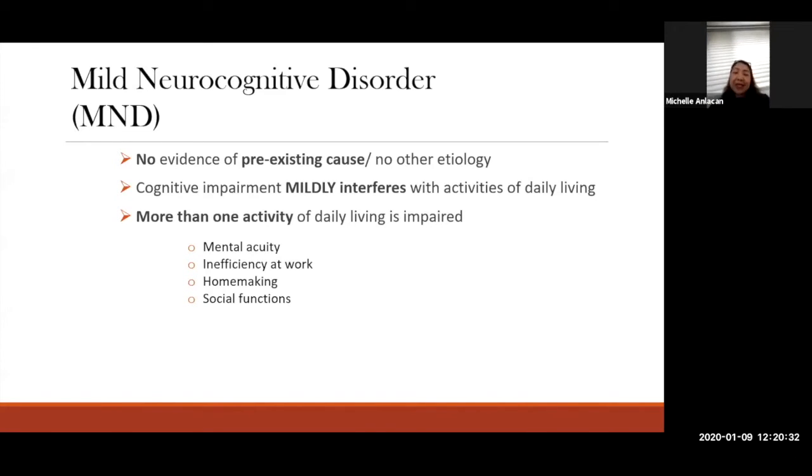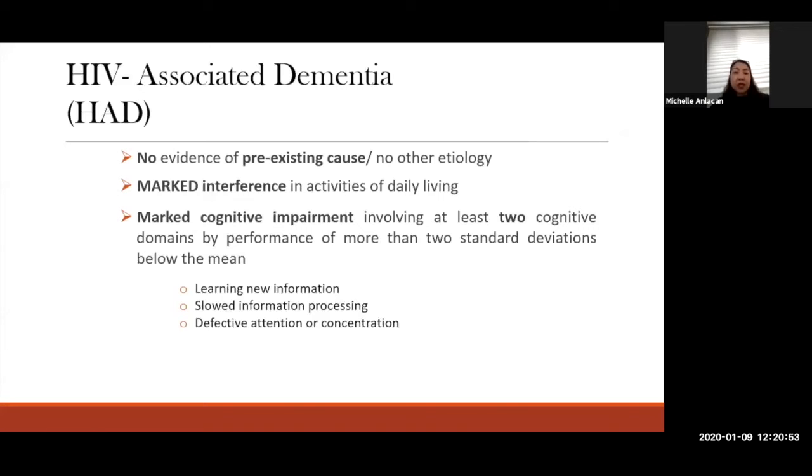So they're basically not very efficient at work, but they can still carry on. They are still very independent, especially in things that they need to do at home and in terms of social function. So they're still basically independent, but higher ordered things they might have difficulty with. Next, please.